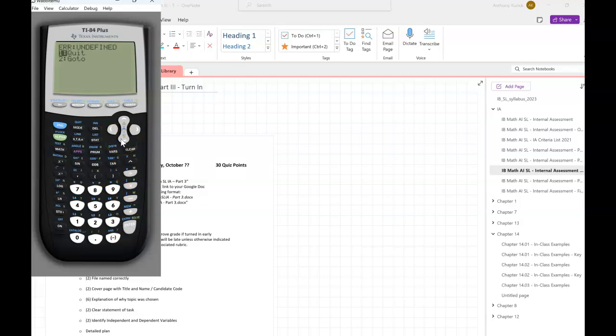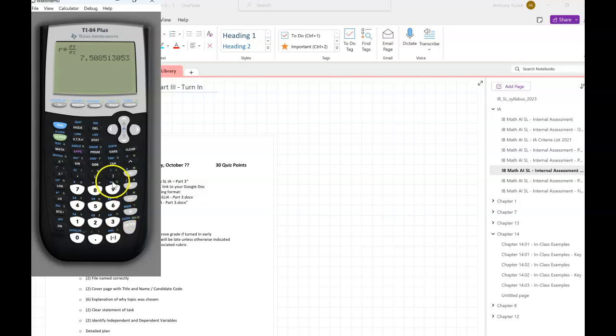Okay. Well, let's try this one more time. There, it worked. Apparently it cleared the r value at one point for whatever reason, I don't know.